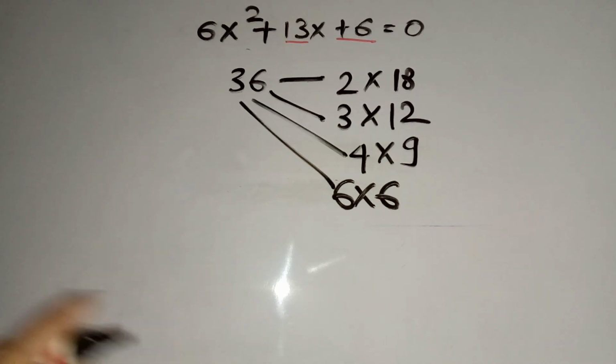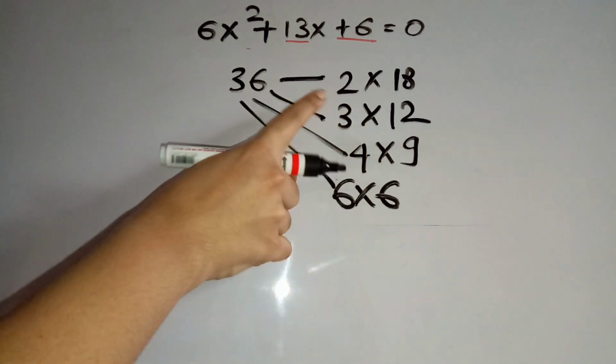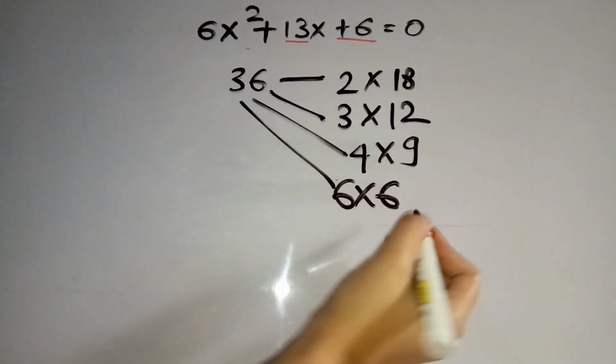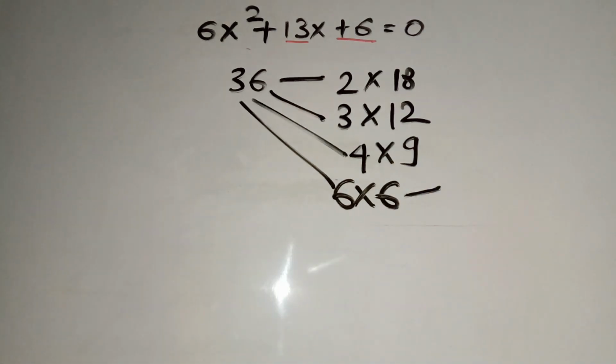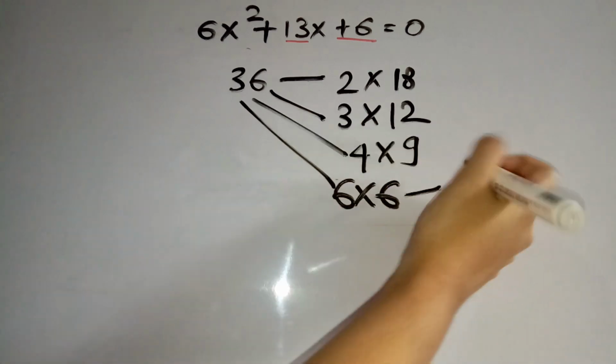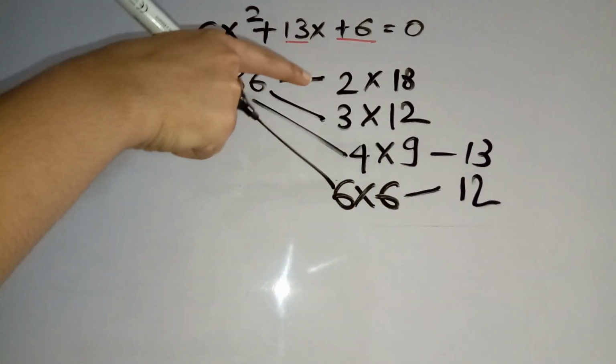Now the next condition that must be satisfied is that their addition must be equals to 13. So let's see, the addition of 6 plus 6 is 12. Addition of 4 and 9 is 13. We got 13, but let's calculate the remaining two as well.